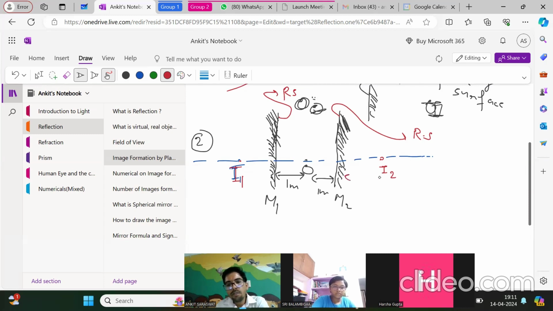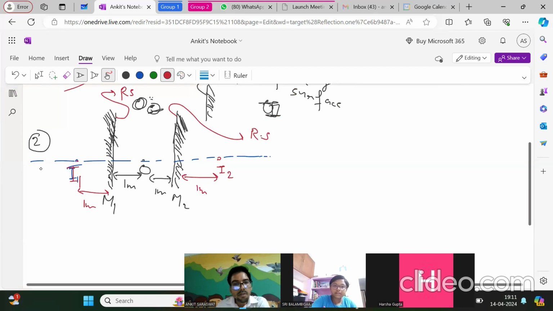Now tell me, this is 1 meter. This is 1 meter. For I2, this M1 will form an image at a distance of how much? 3 meters. Very good. If I take 3 meters here, I3. If this I2 is 3 meters, then I3 will be 3 meters like this.